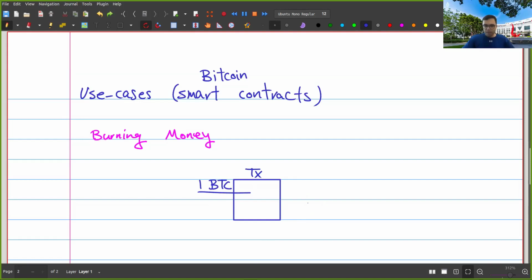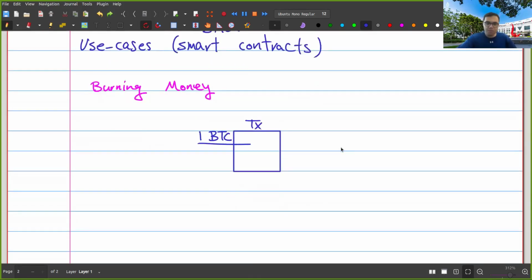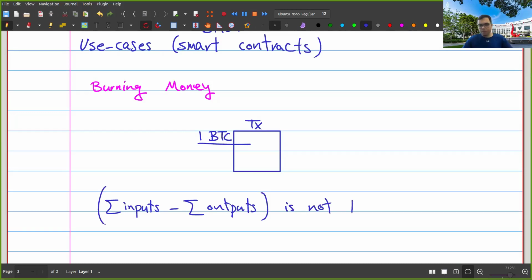But now the problem is that the difference between inputs and outputs is not actually burned anymore. So if I look at the sum of inputs minus the sum of outputs in my transaction, we said that in Bitcoin, this is not burned. Instead, it's paid as a transaction fee, right?